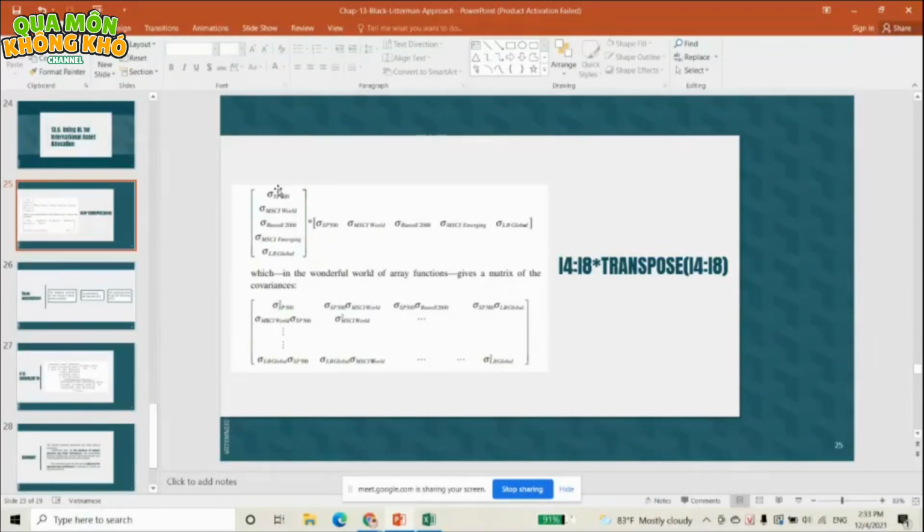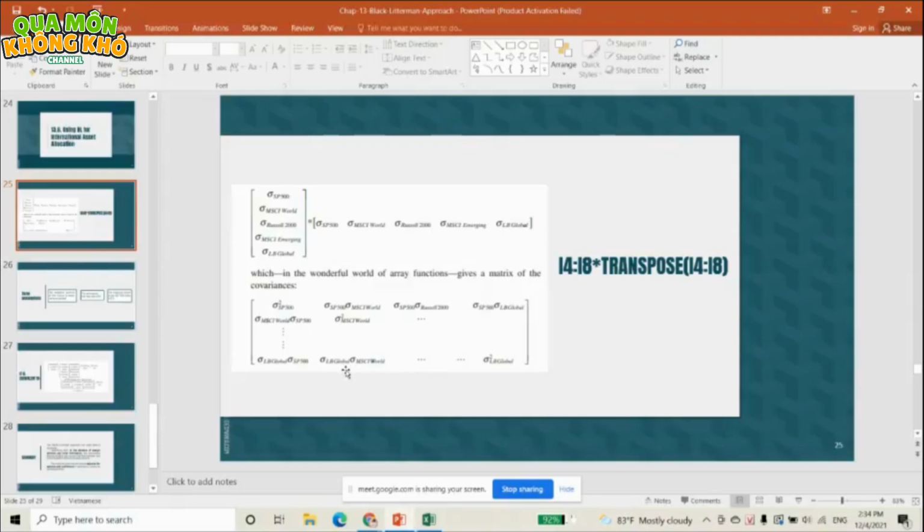Then we continue to take the standard deviation of S&P and multiply it with MSCI World, Russell 2000, MSCI Emerging, and LP Global respectively. So we have the first row of the covariance matrix, and the second, the third, the fourth, the fifth rows of the covariance matrix.